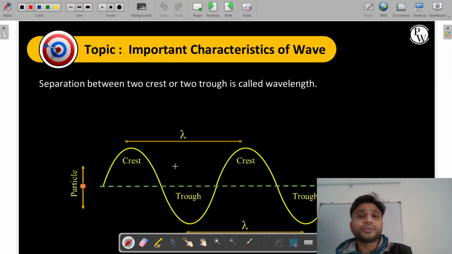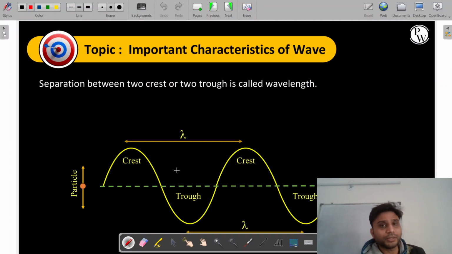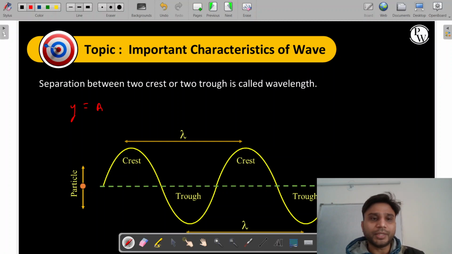The distance between two consecutive crests is called the wavelength of the wave, or two consecutive points which are in the same phase. So if I have a wave equation looking like this, y is equal to a sine kx minus omega t, I will say that this quantity is called the phase of the motion.